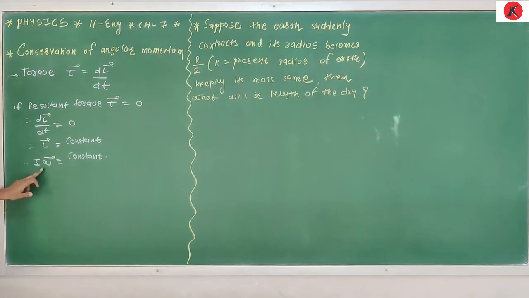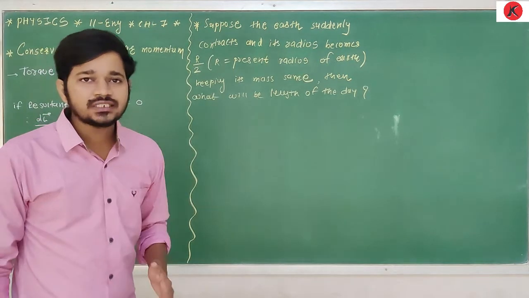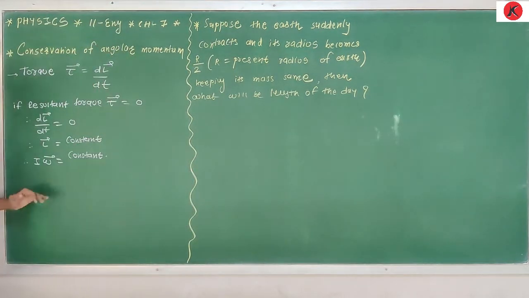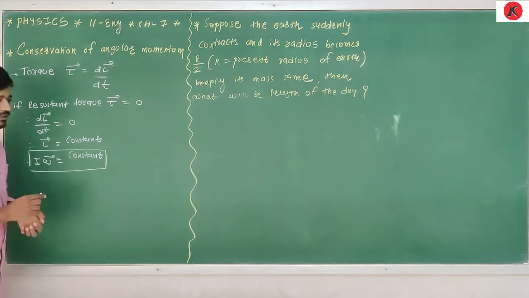We have to use this condition to solve some questions and to understand some phenomena. For example, I omega is equal to constant. Clear? That is, angular momentum is constant.